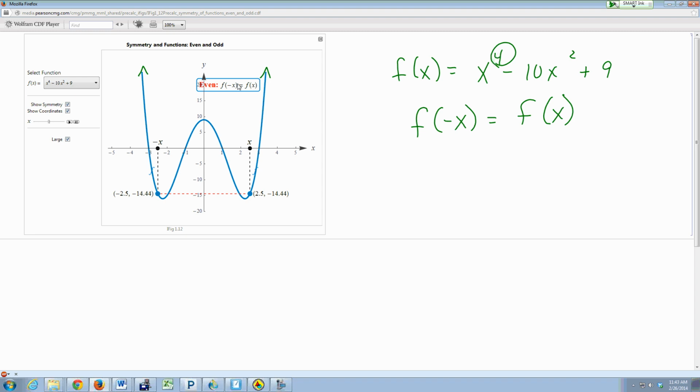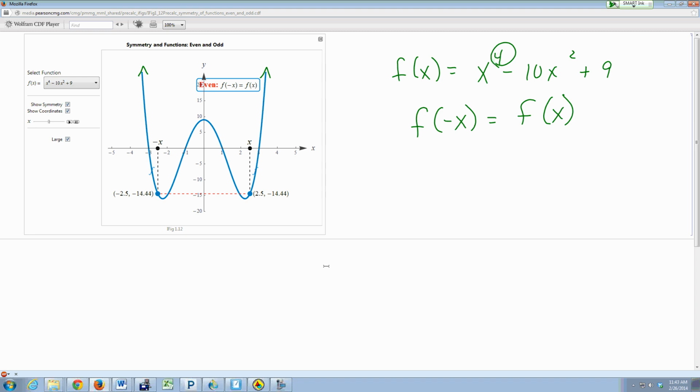The value of my outputs, my y values, are the same if I evaluate my function at x and at its opposite. And what that looks like as a picture is, if I took this graph and I folded it right along the y-axis, points that are equidistant from 0, those are called opposites, right? If you're equidistant from zero, they would mirror each other and be at exactly the same point, in this case below the x-axis.